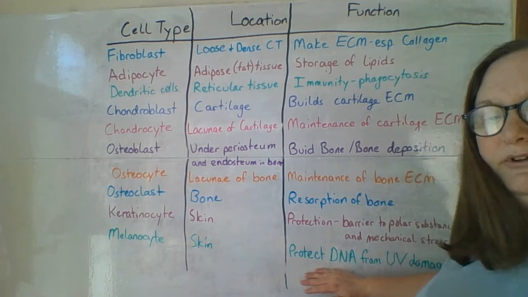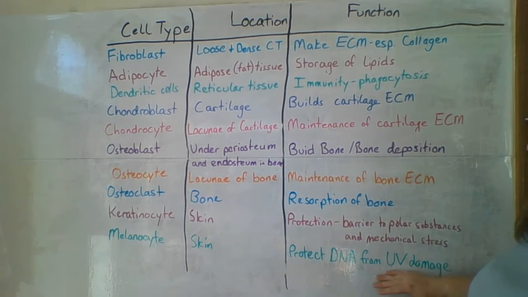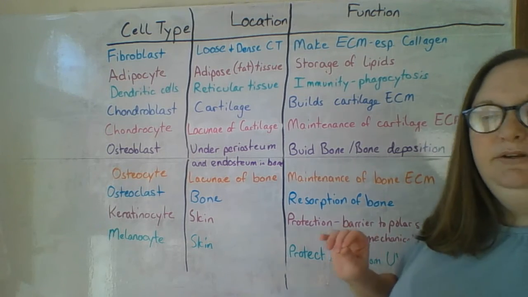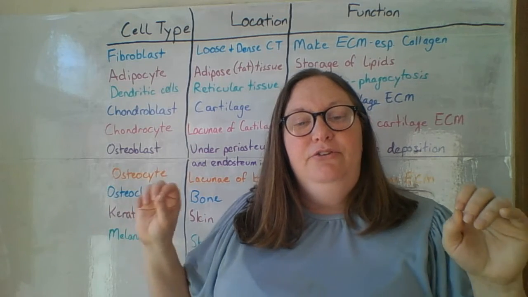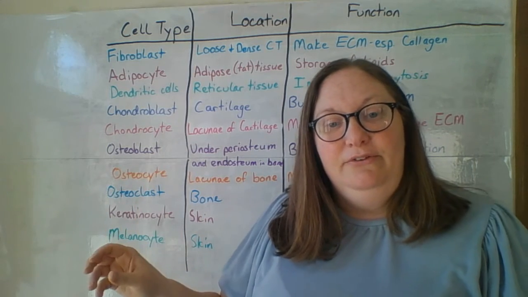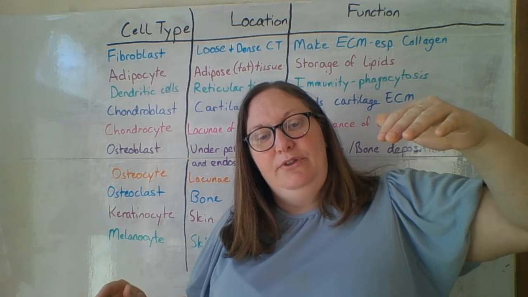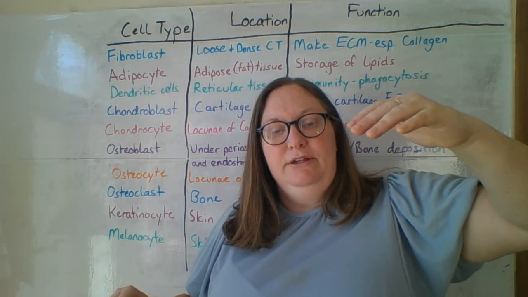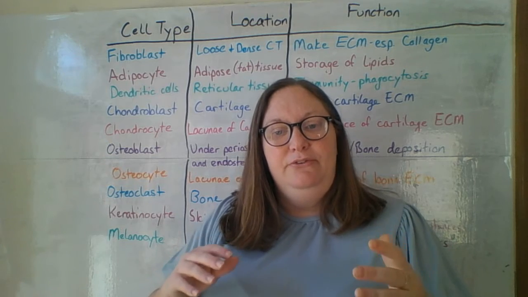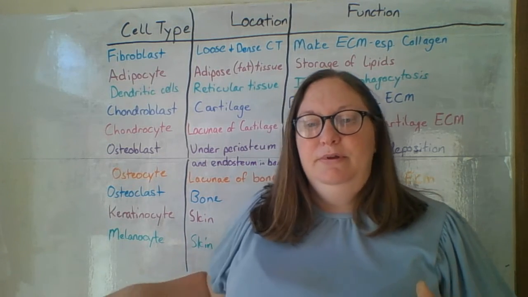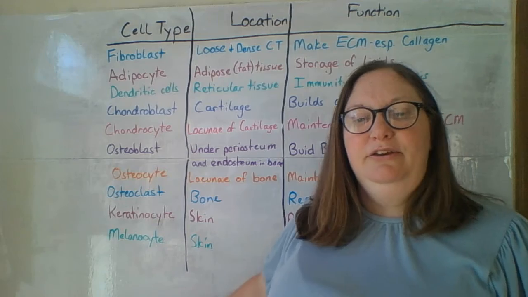And these protect our DNA from UV radiation damage. So melanocytes insert melanin into the keratinocytes, and that melanin travels so that it's superficial to the nucleus of the keratinocytes in the stratum basale, and that protects those cells from the UV radiation.